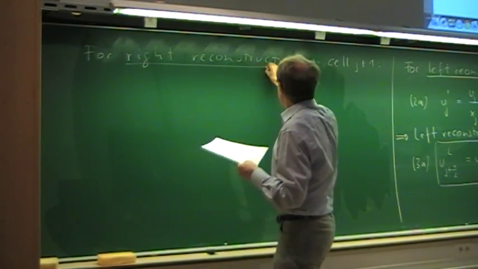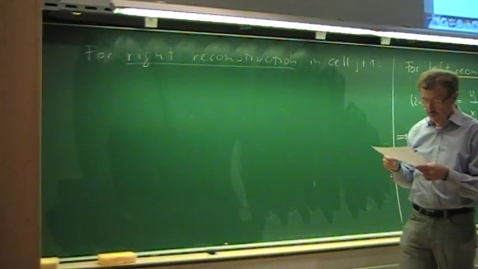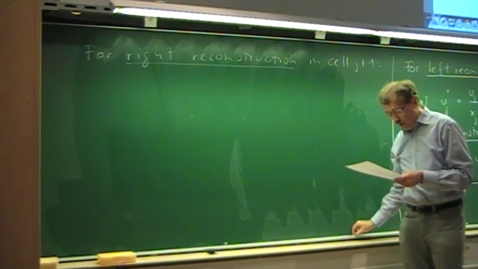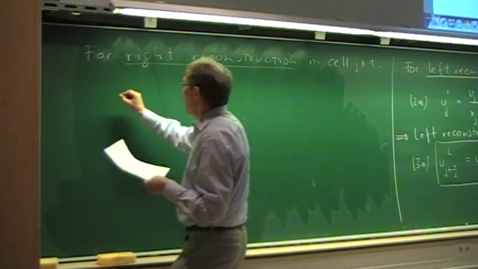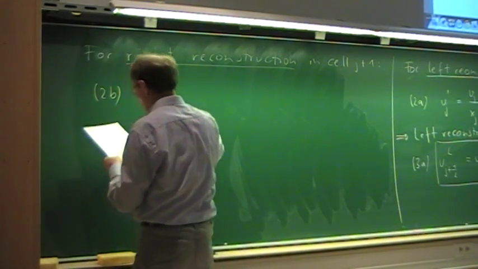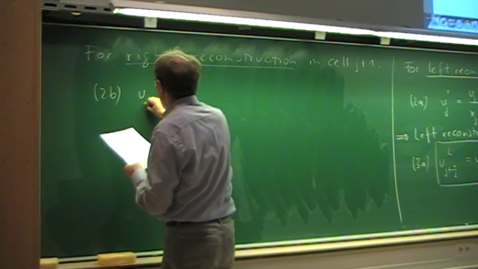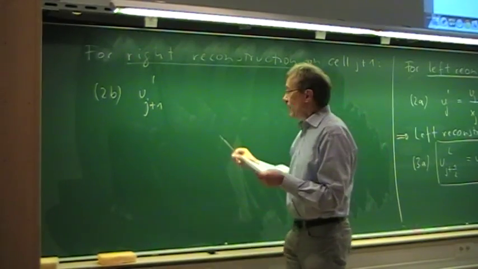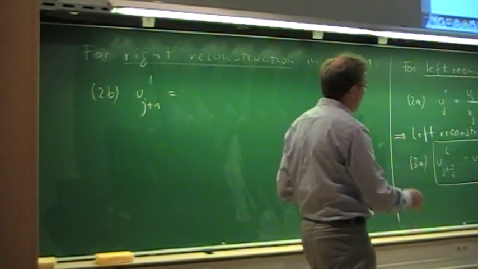There it is common to use the following approximation for the slope in our equation 1. This is 2b. And then we do the slope in the cell j plus 1. And then we do what we have already seen here.